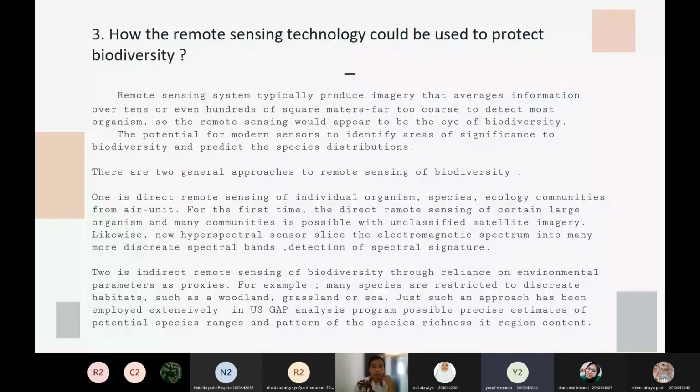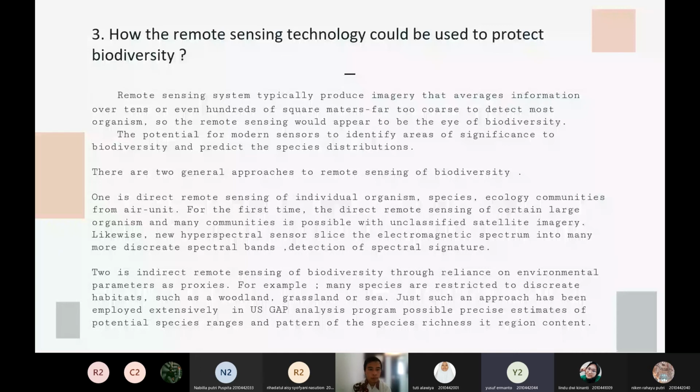Modern sensors have the potential to identify areas of significance to biodiversity and predict species distributions. There are two general approaches to remote sensing of biodiversity. One is direct remote sensing of individual organisms, species, and ecological communities from air or space. For the first time, direct remote sensing of certain large organisms and many communities is possible with unclassified satellite imagery.